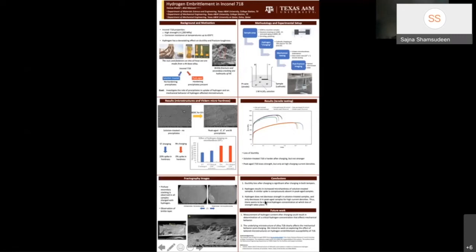Thus, there might be a critical hydrogen concentration, which is the subject of a future work where we will investigate at what concentration the peak aged temper loses strength. We'll also investigate the role of tailored microstructures in affecting the susceptibility and eventually the resistance to hydrogen embrittlement of this alloy. Thank you for listening to my presentation.